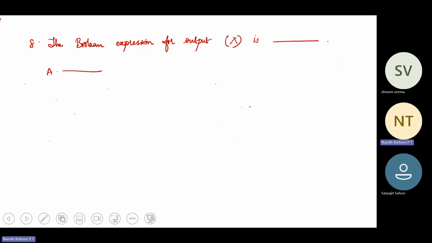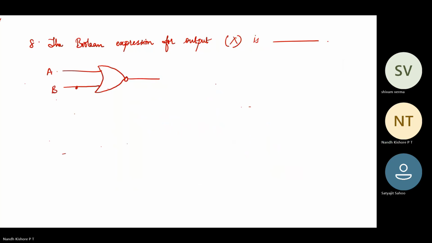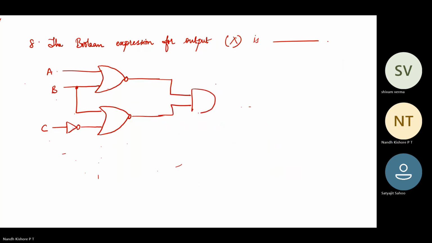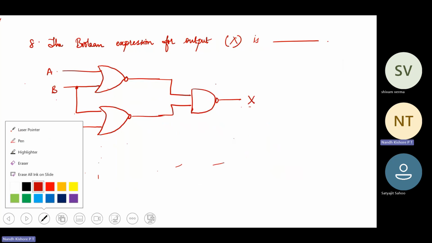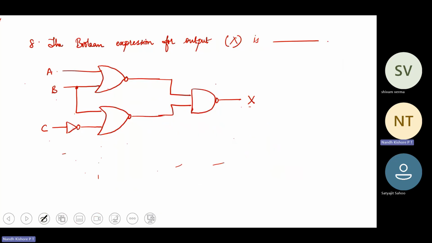So you have A and what is this gate? This is X. Okay, so what is this gate?